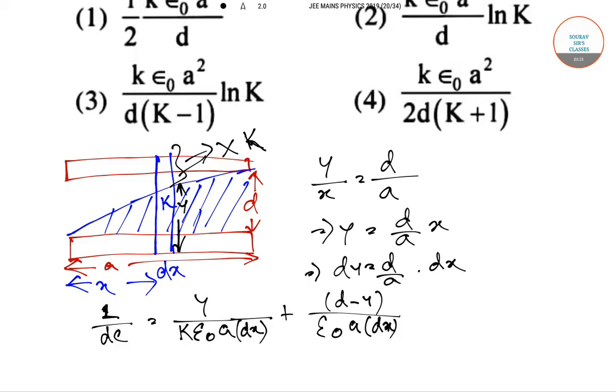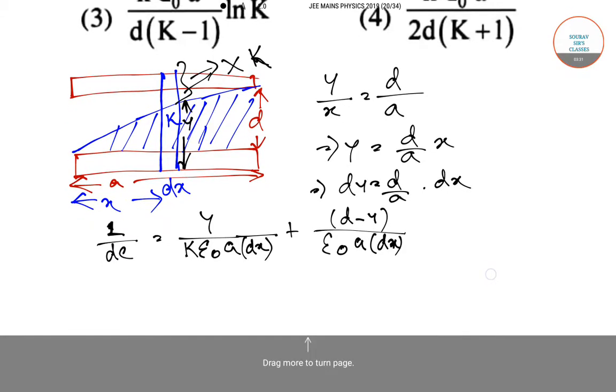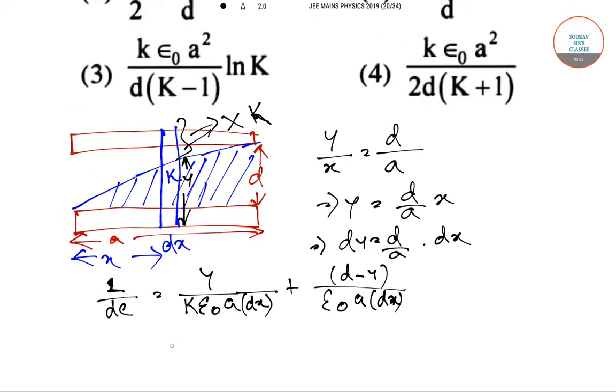This a into dx is the smaller area. So, this equals 1 by epsilon 0 a into dx, which is common, times y by k plus d minus y.